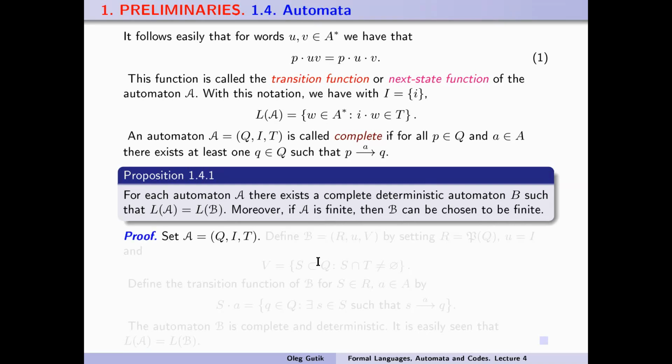The proof. Put automaton A as QITQ. We define the automaton B in the following way: RUV.